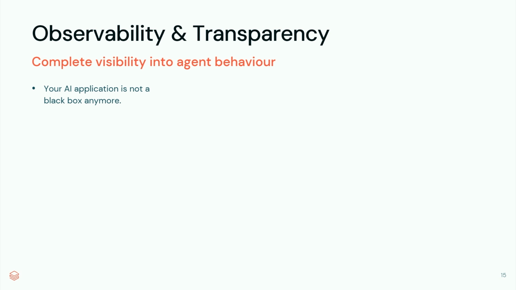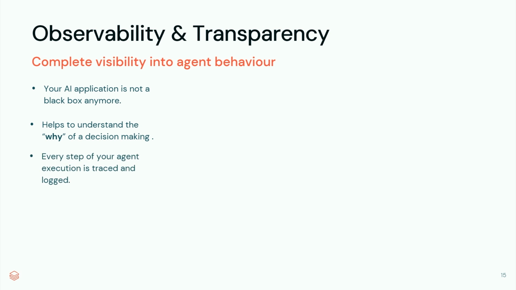So I am not considering my application as a black box. I am fully aware of how any conclusion was made. I know the why. The way I can do that is through a mechanism through which I can log every execution of my workflow. And that inevitably will increase trust and reliability in my application.